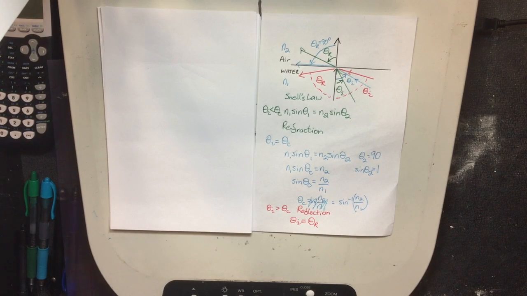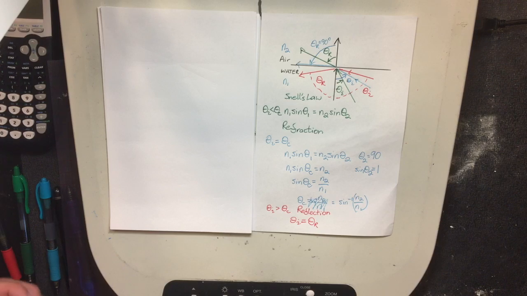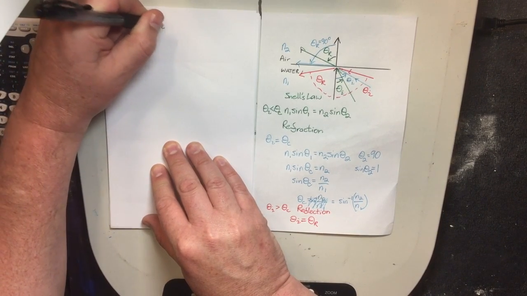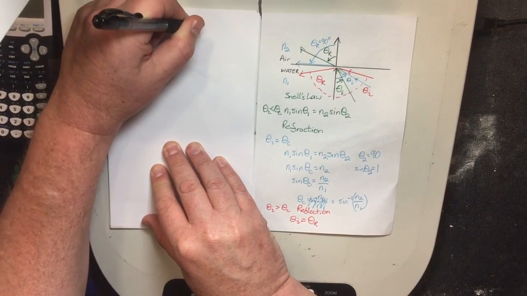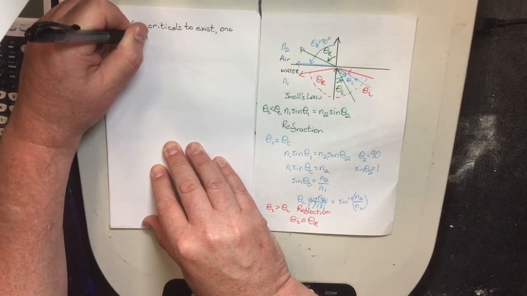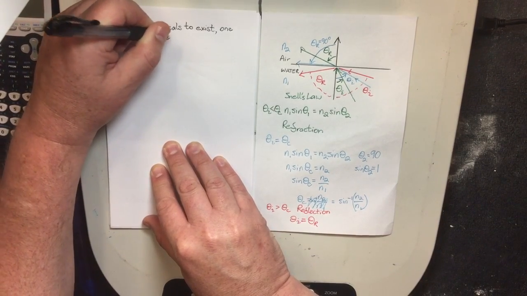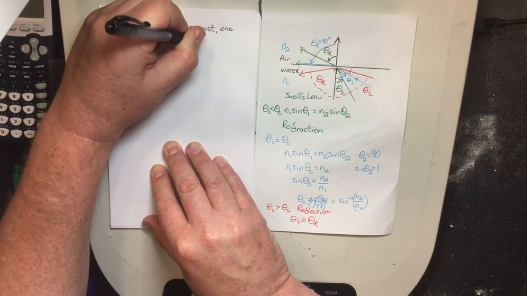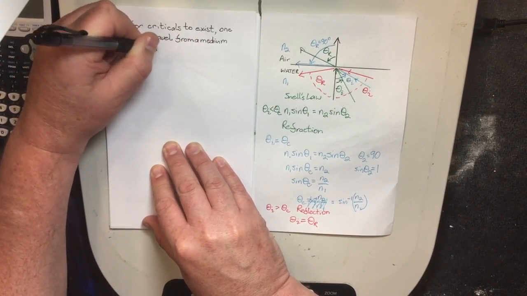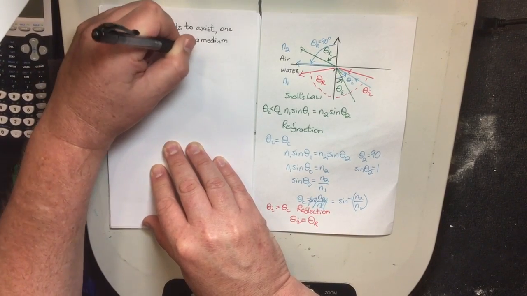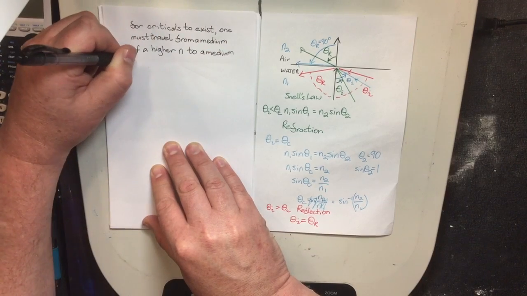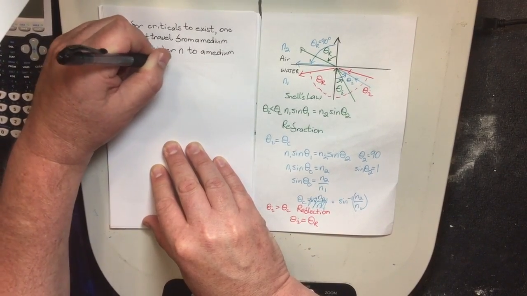Now notice, for critical angles to exist, one must travel from a medium of a higher n to a medium with a lower n.